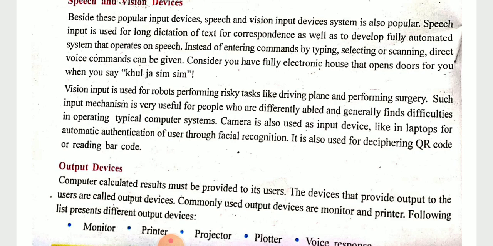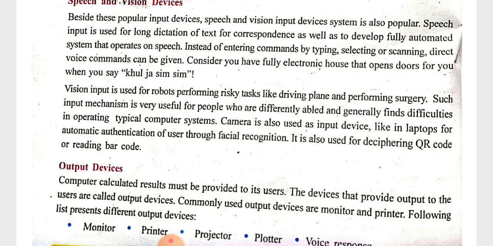Vision input is used for robots performing risky tasks like driving a plane and performing surgery. Such an input mechanism is very useful for people who are differently abled and generally find difficulty in operating a typical computer system.